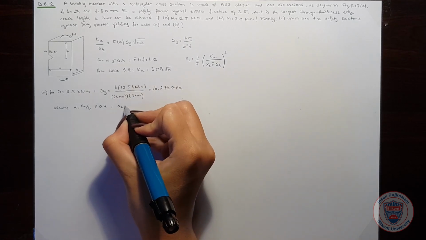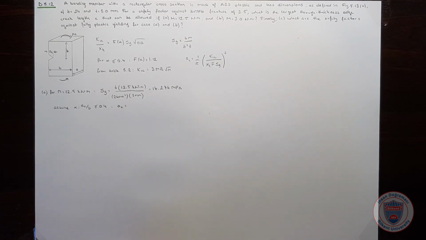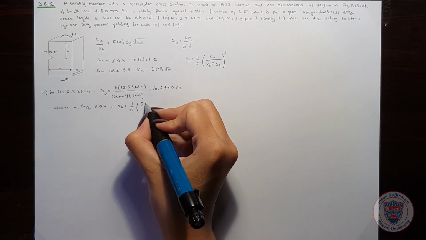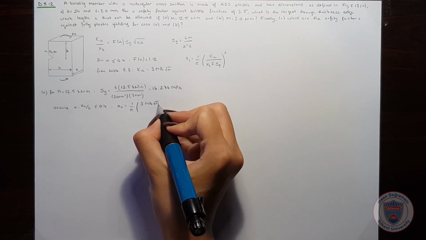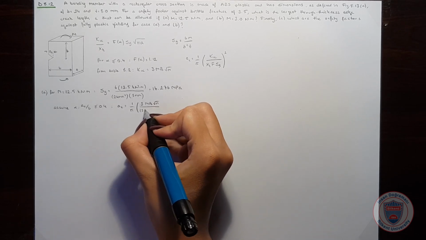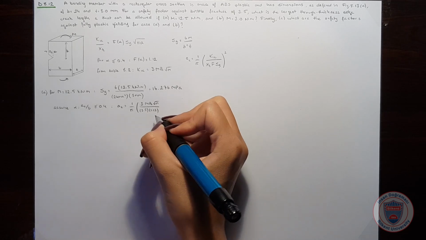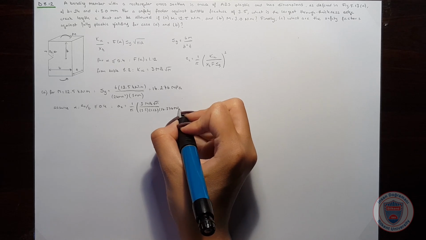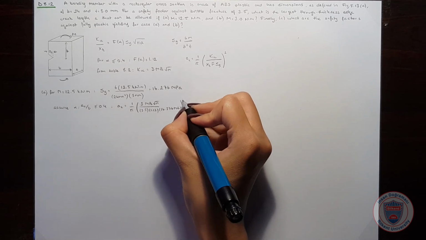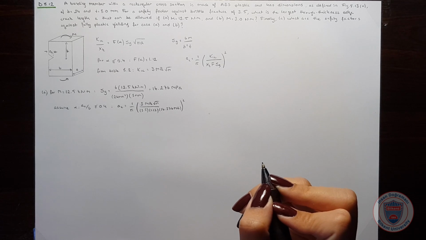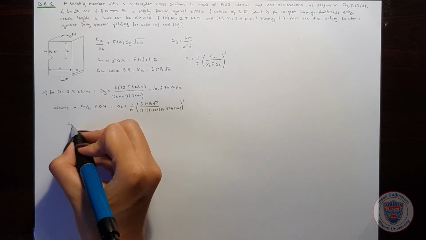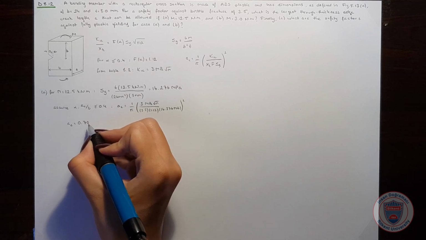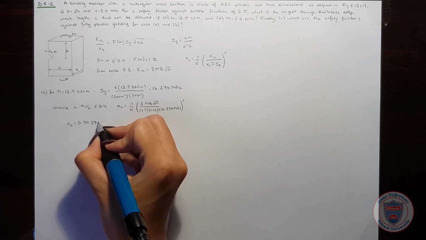So when we calculate a_c with this assumption, we will get a_c is equal to 0.7037 millimeters.